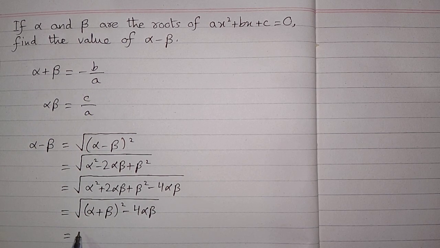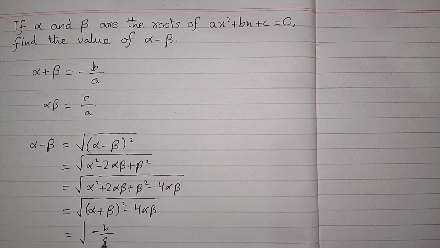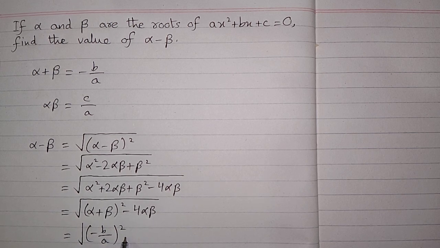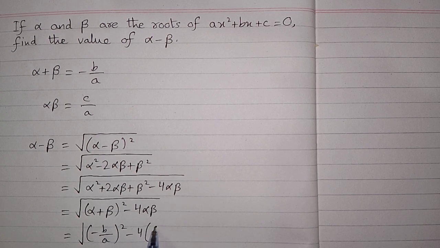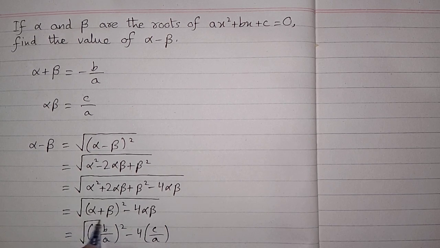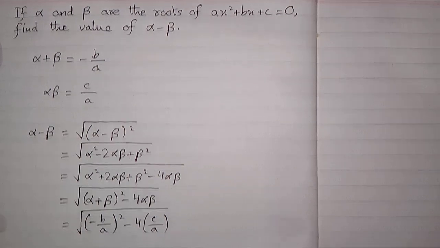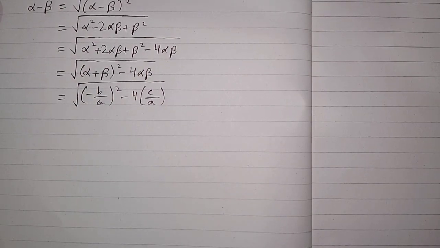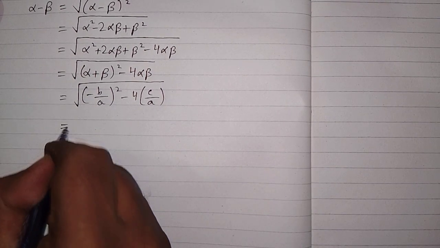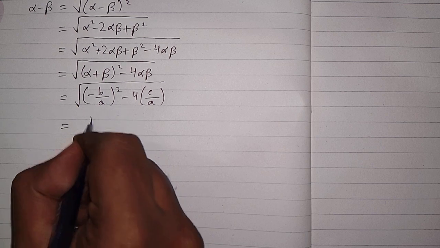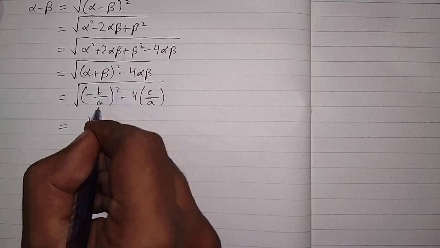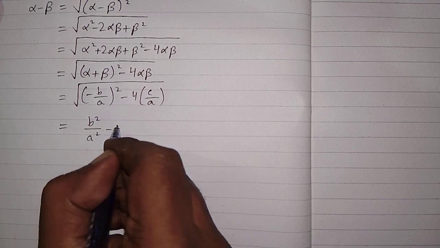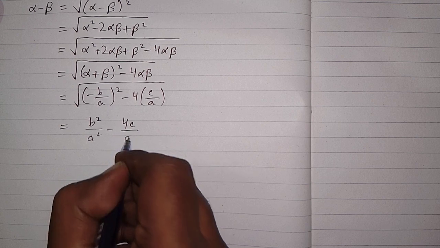So we have minus b upon a whole square minus 4 times c upon a. So square of minus b is b square, and square of a is a square, minus 4c upon a.